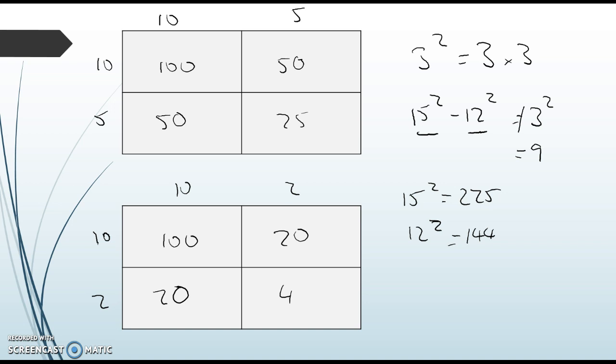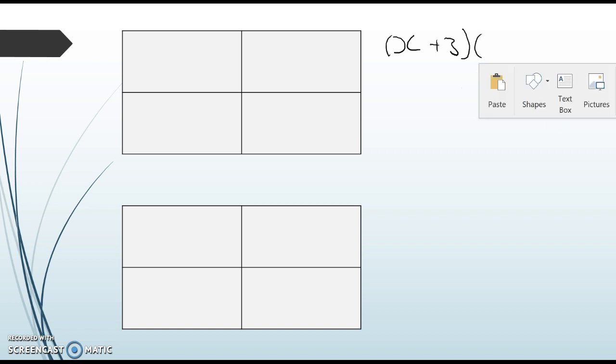So let's actually investigate this further. But to do this a little bit more, we actually need to look at the algebraic side of this. I'm going to go back a step and look at expanding binomial brackets. So let's look at x plus 3 and x minus 3.